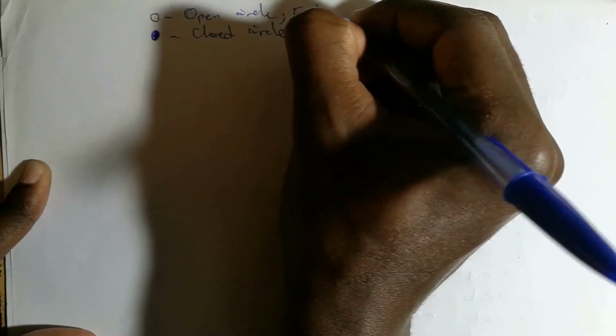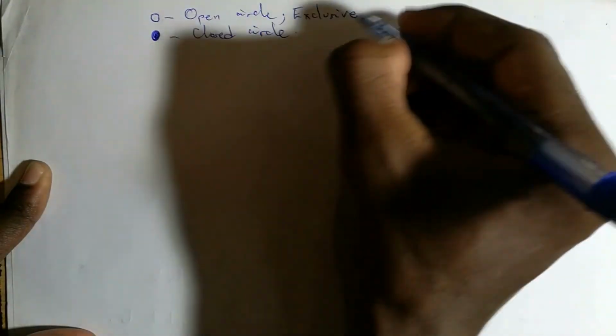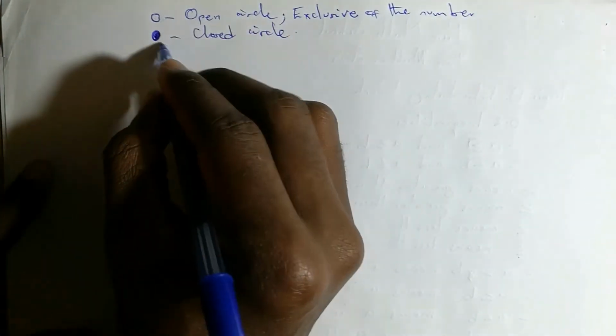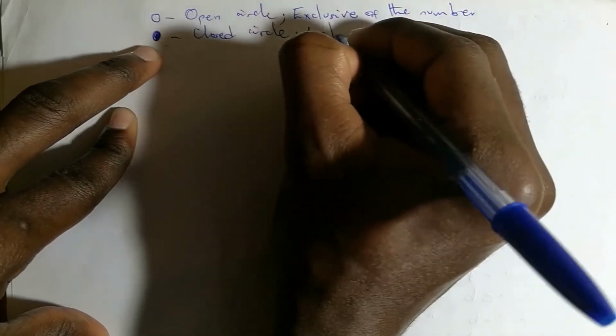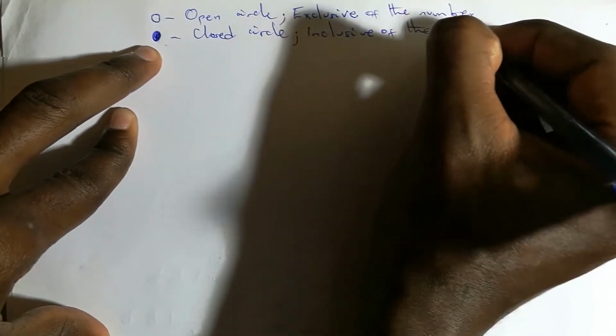This one, the open circle, will mean exclusive of the number, you're going to see that later, and this closed circle will mean inclusive of the number.